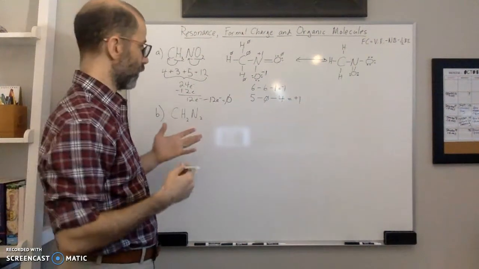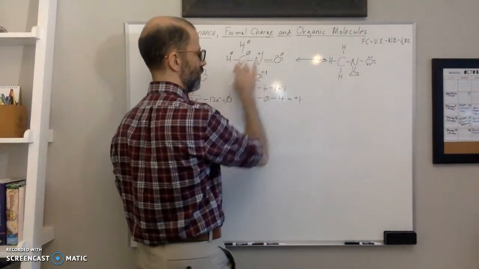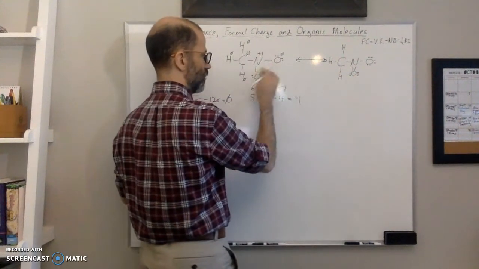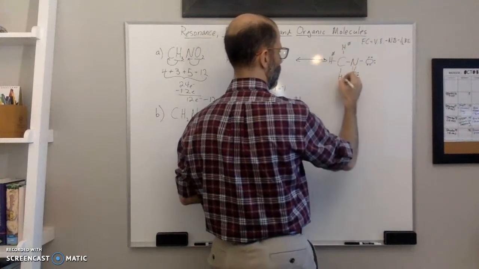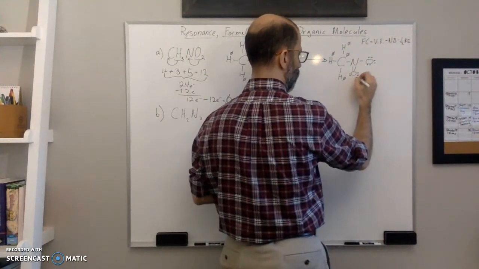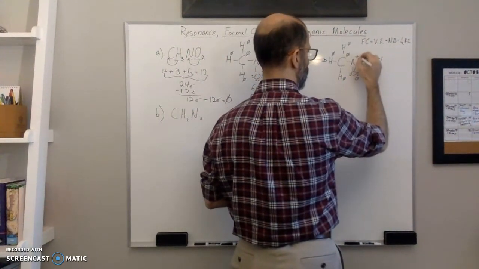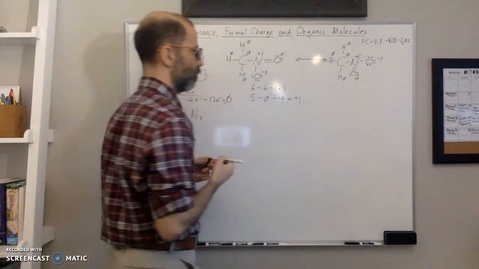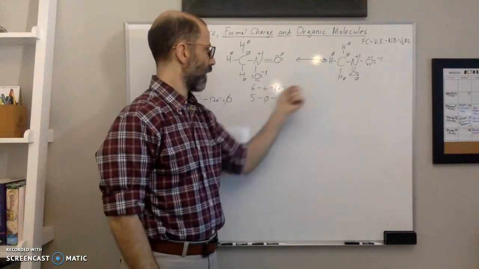So then we can do the same thing here. Everything else is the same. The only difference between this one and this one is that we switched the double bonds. So everything else here is going to be the same. 0 for the hydrogen, 0 for the carbon. It's going to be 0 for this oxygen, -1 for this one, and again, +1 for that one. So notice that we have resonance.